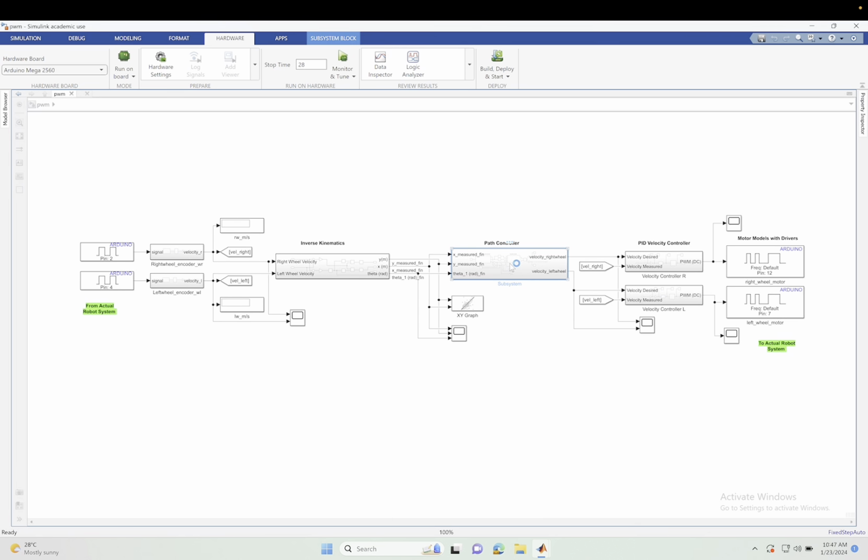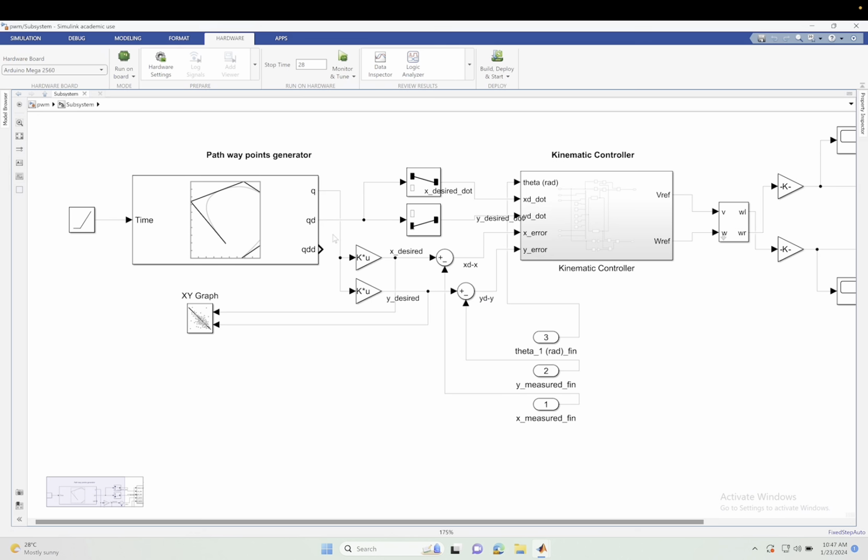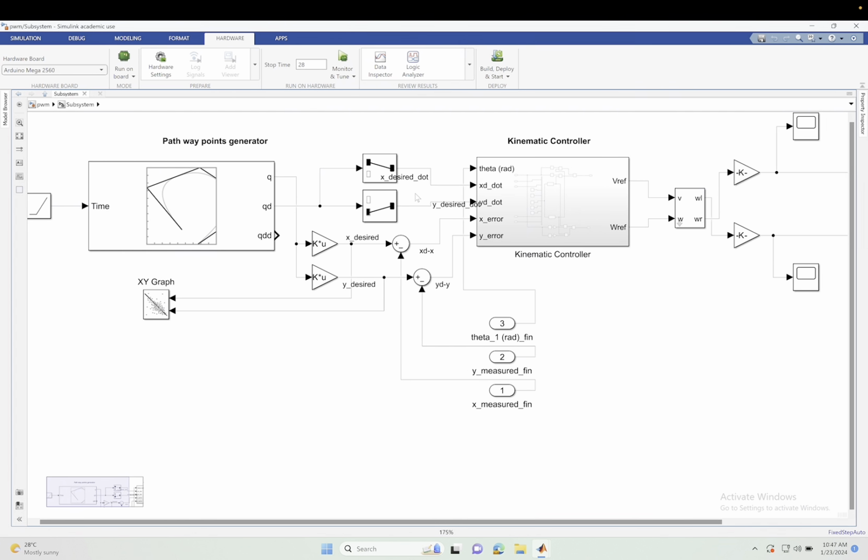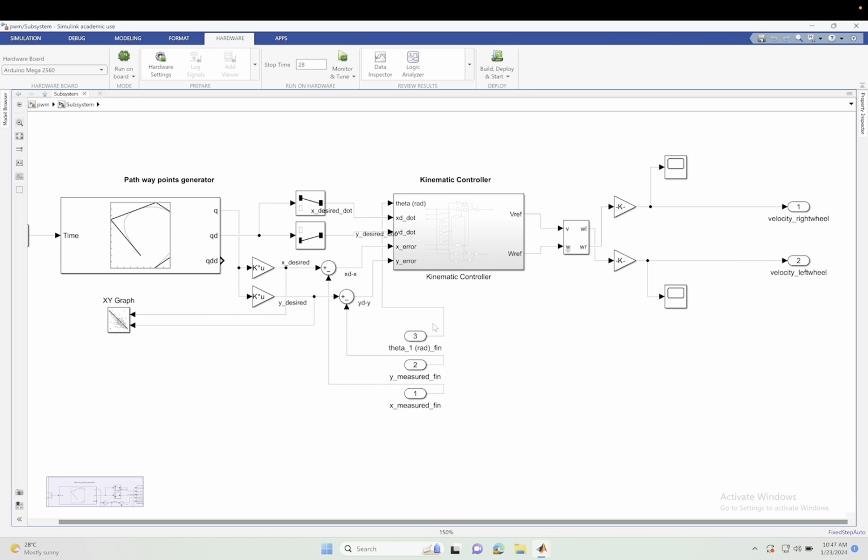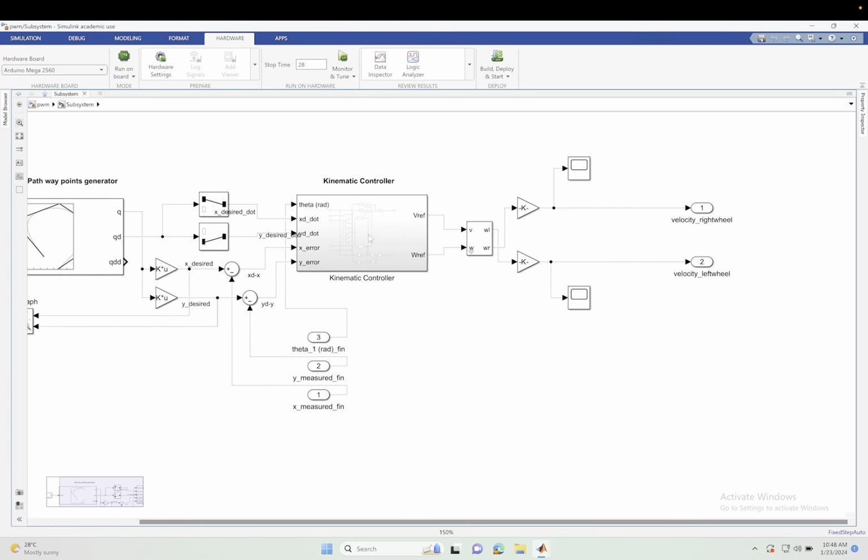Let's look at what the path controller contains. This is a pathway generator which gives us the trajectory, and then the incoming theta, x, and y measured values from the robot are fed into this to compute the errors, which we feed into the kinematic controller. The purpose of the kinematic controller is to give us the final V and the omega of the robot, with reference to what is desired versus what is measured.